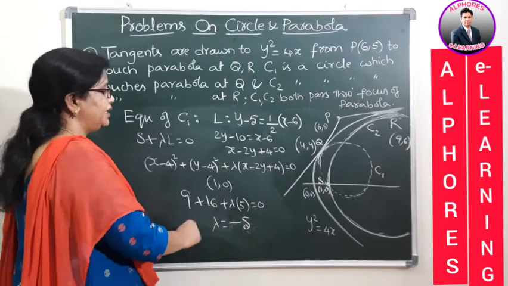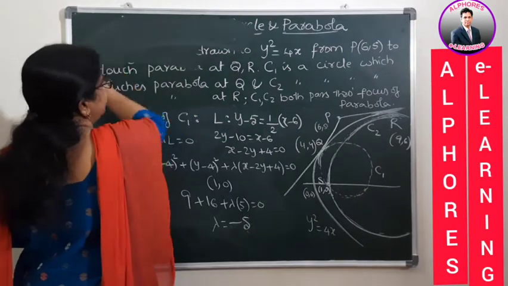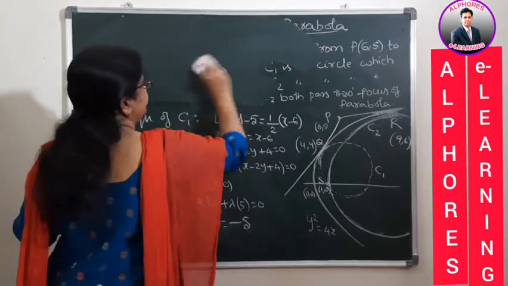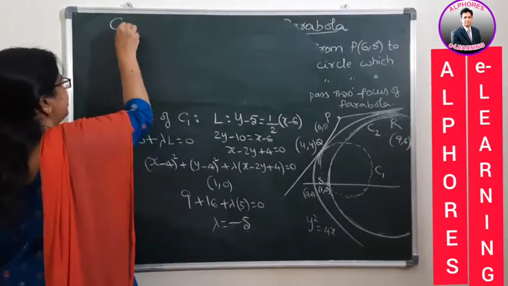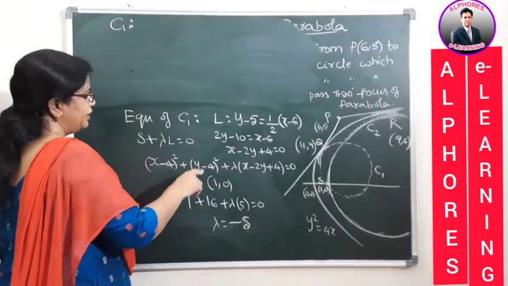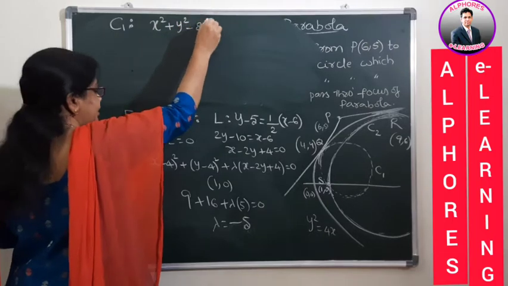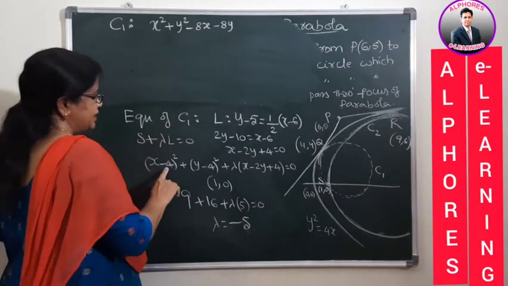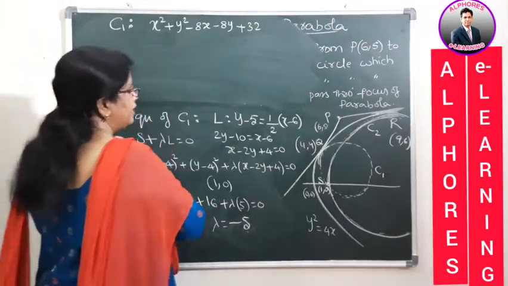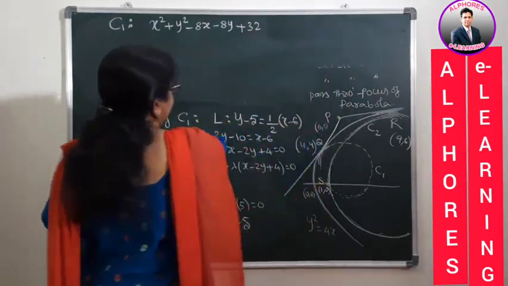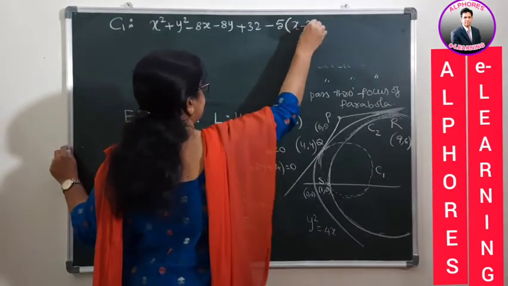Now once you have lambda as minus 5, let us substitute. If I substitute the lambda value, what about the circle equation C1? We require the C1 equation. Expanding this, it is x square plus y square minus 8x, minus 8y, and 16 plus 16 is 32, and next lambda is minus 5, so minus 5 times (x minus 2y plus 4) is 0, right?